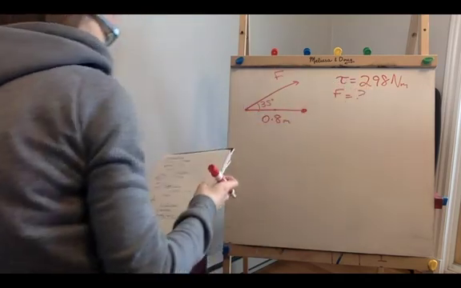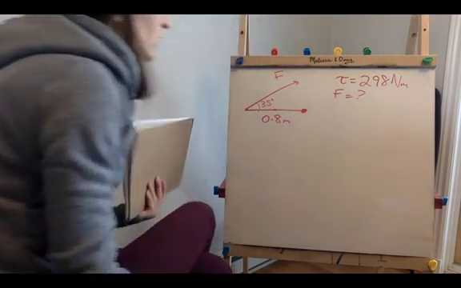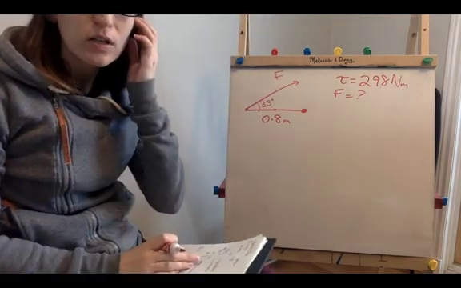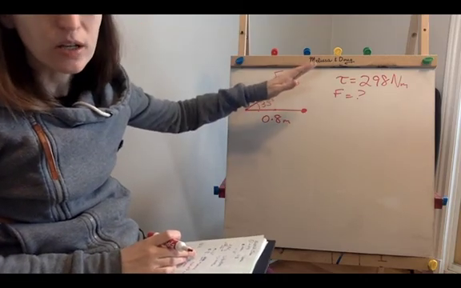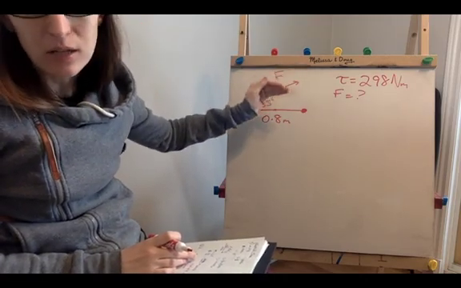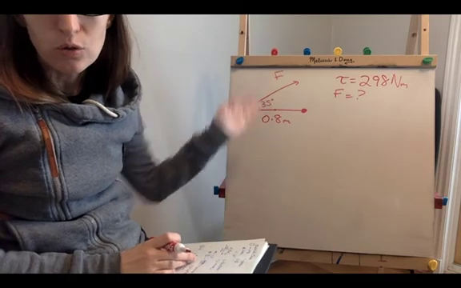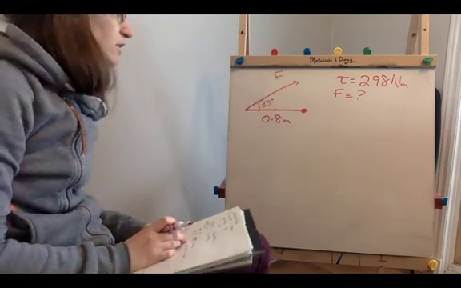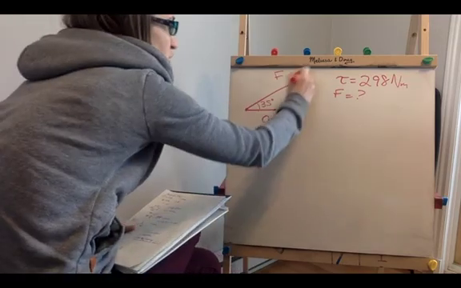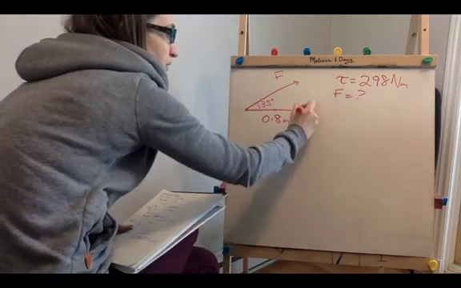There's our unknown. So again, remembering that the force applied, this force of the cable pulling in this direction, needs to be perpendicular in order to be able to calculate that torque. So what we need to figure out is, well, this is the direction of the force. This is our pivot point.